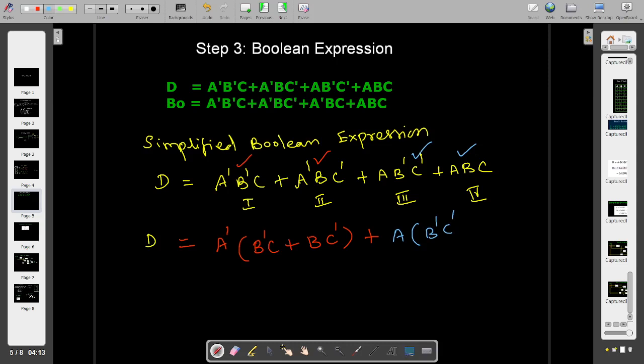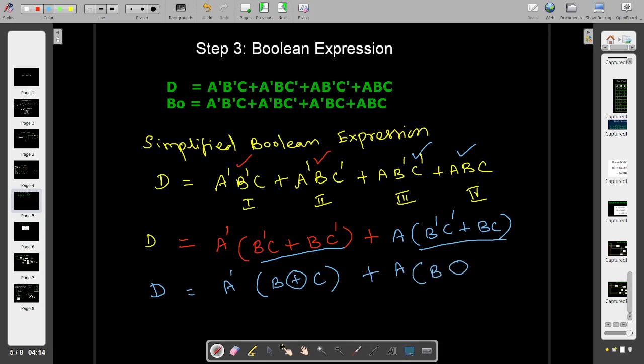Inside you get B dash C dash plus BC. Now I can write this like A dash into this expression is what? It is exclusive OR, right? B exclusive OR with C plus A into what is this? This is exclusive NOR.